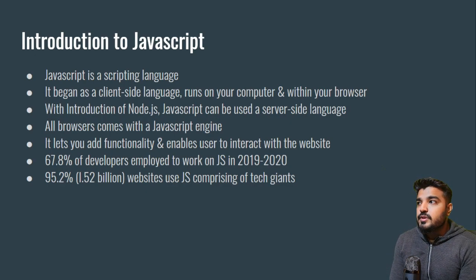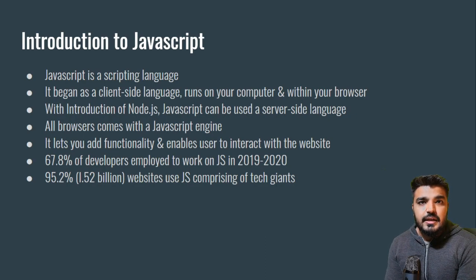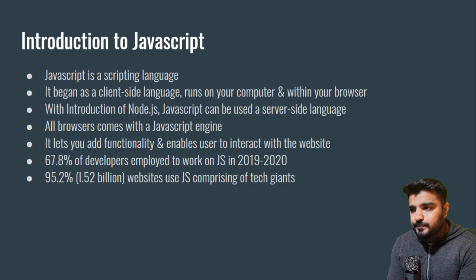It is being used at server side. It is being used to develop mobile applications and front end frameworks, which are quite popular. You might know about them: Angular, React, Vue, the top three of them. All of them use JavaScript to build single page applications and progressive web applications.